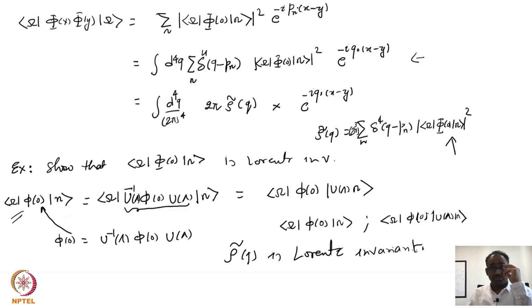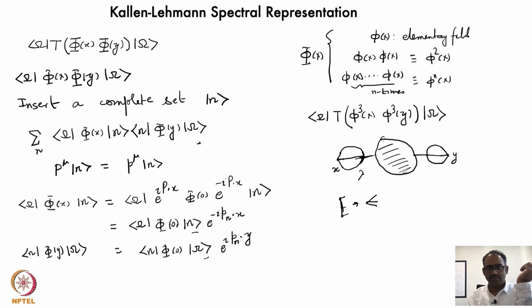Okay, that is good. Now, you see here the Pn. What is Pn? Pn is the 4 momentum of ket n, okay, which means the 0th component of Pn, that is Pn0, is the energy of the state ket n.